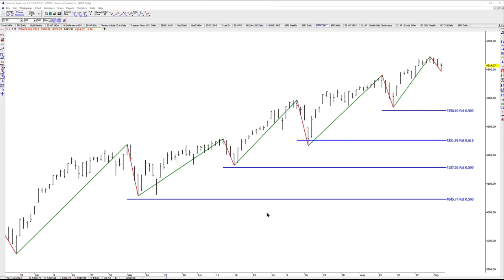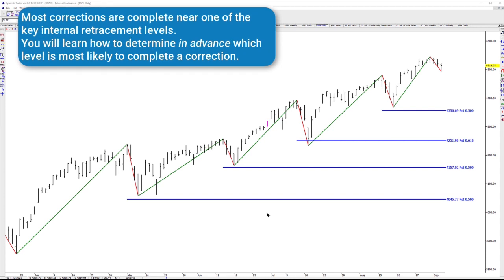But this is to illustrate that most of them are right around these levels, and we're going to use other price factors and other technical factors to help identify not only which level the market is likely to complete the correction at, but we're going to have more of a zone, not a specific price, but a narrow range zone as the result of several price projections that fall very close to each other, and we'll be learning a lot about those in future lessons. But this was just to illustrate most corrections do happen right around one of these key retracement levels.